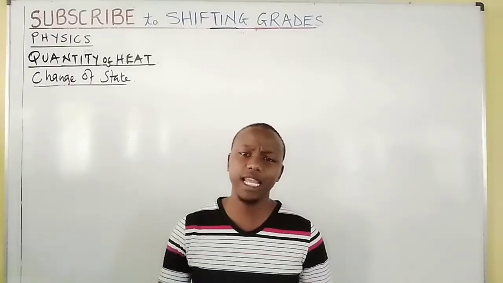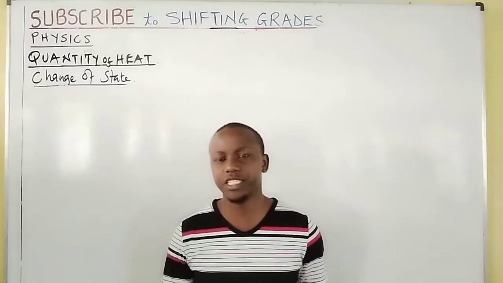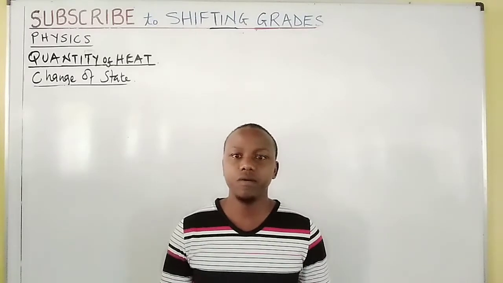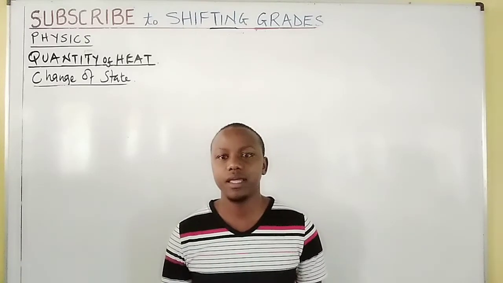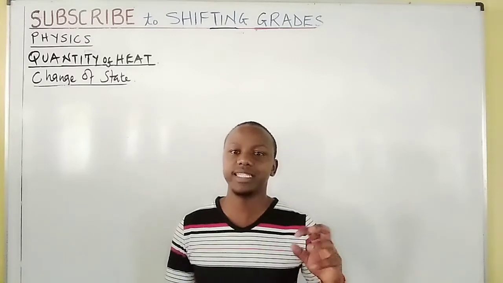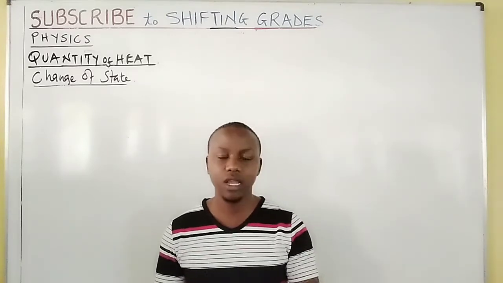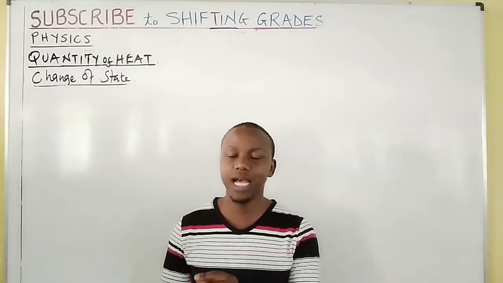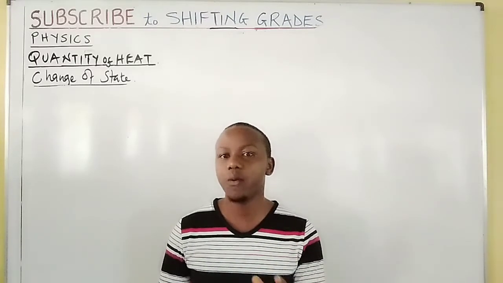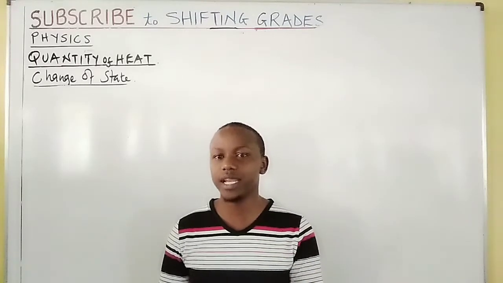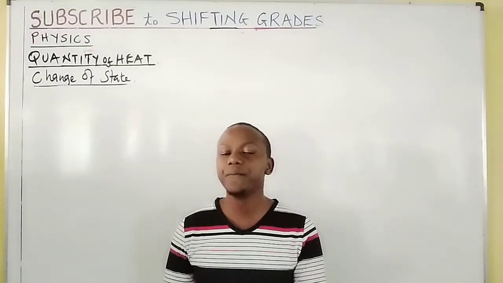And we have earlier on discussed the method of mixtures whereby we are checking the steam which will be condensed when channeled into a calorimeter with cold water, whereby the steam will lose heat and condense to become water.